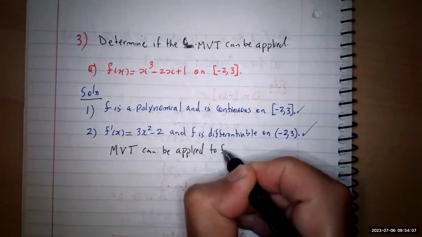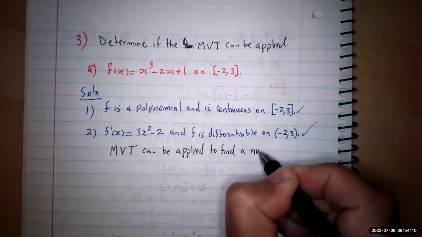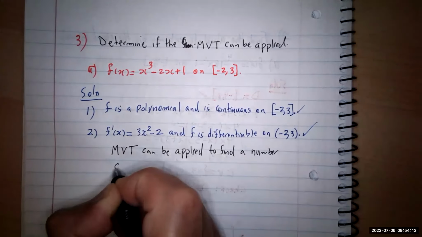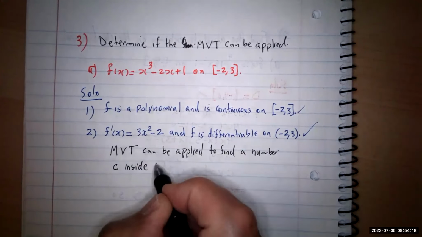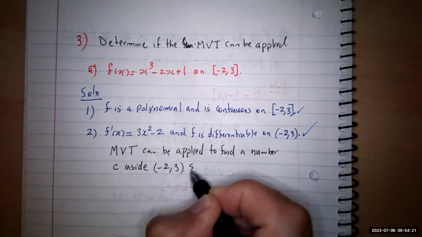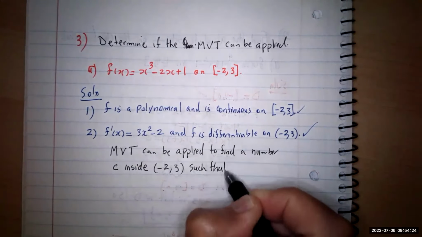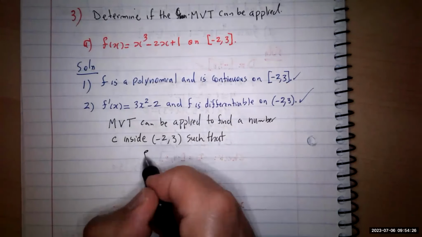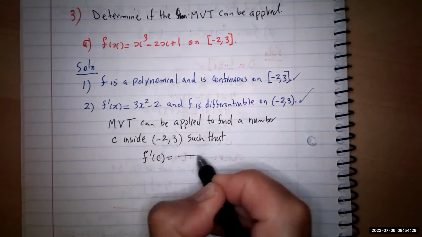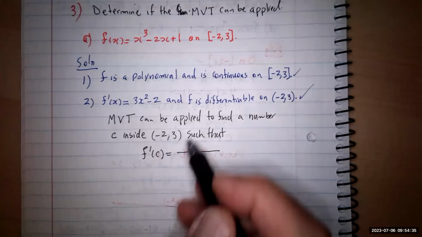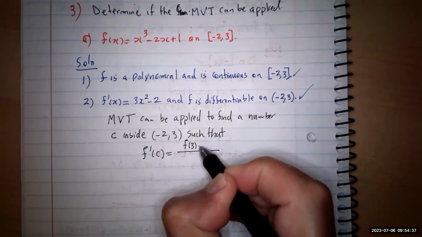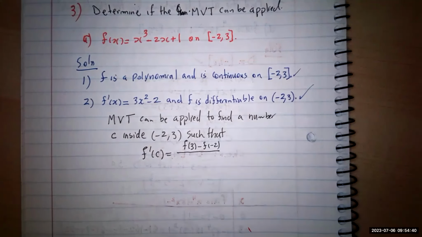Okay, to find the C. To find a number C, this is just for information. You can go ahead and find it. Inside (-2, 3), such that, remember the condition of the theorem, f prime of c equals f of b minus f of a divided by b minus a. b is the bigger number, a is the smaller number. f of 3 minus f of -2 divided by 3 minus -2. It's like the slope of a secant line.